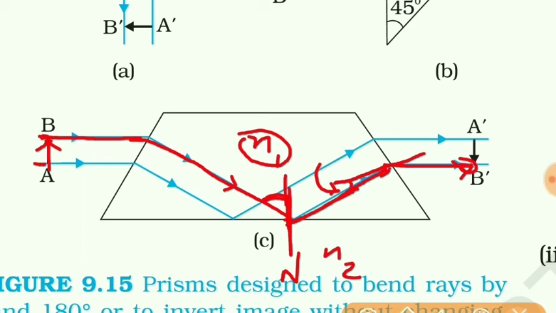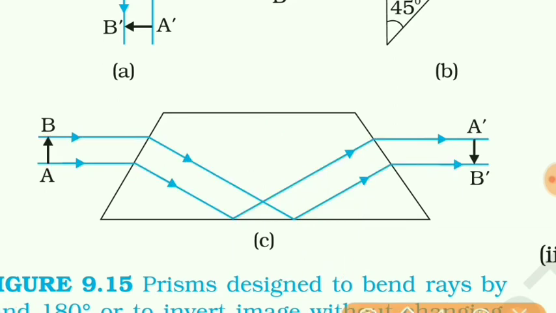Similarly for point A, refraction here, then total internal reflection here, and then once again refraction here, and the image is formed here. So the object is erect, straight, vertical, but the image formed is inverted.